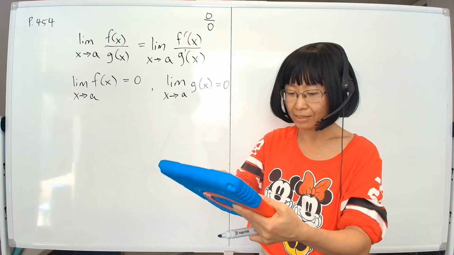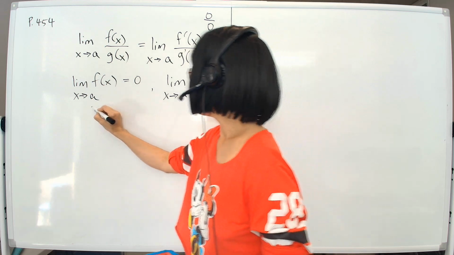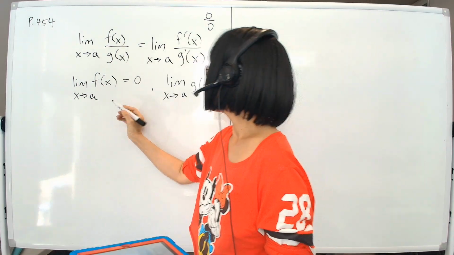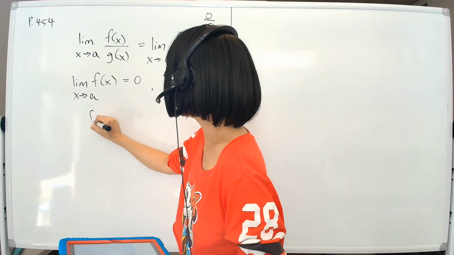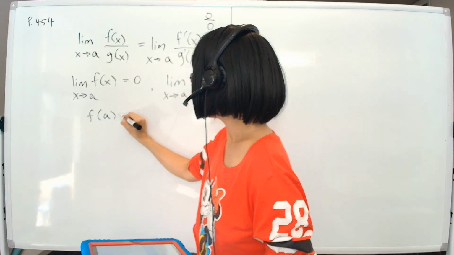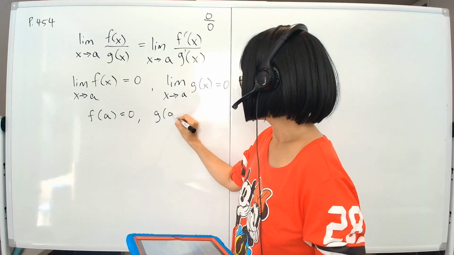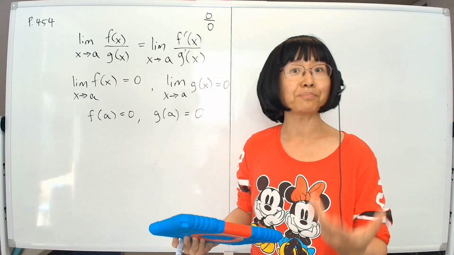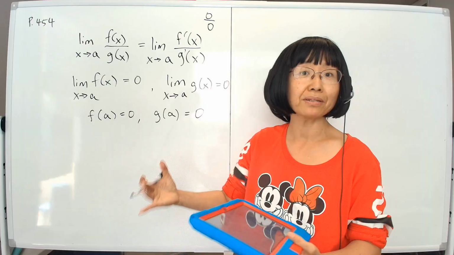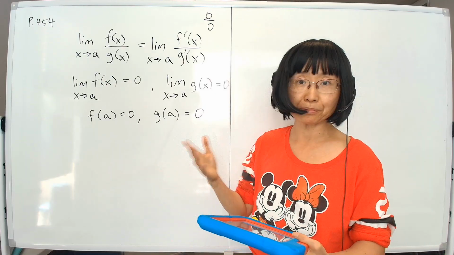Being that things are continuous, we can deduce that f of A equals 0 and g of A equals 0. That is, we are proving a simpler case without worrying about certain exceptions and details.